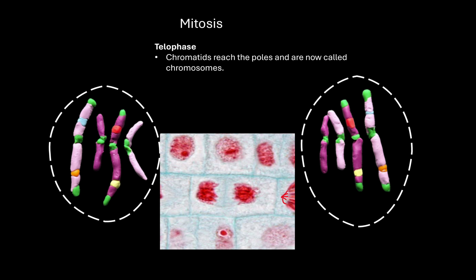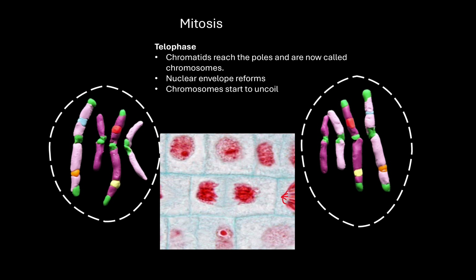And once they have fully retracted and reached the poles, we now call the chromatids chromosomes. They have reached the poles, and that means that the nuclear envelopes can reform around the chromosomes, and therefore creating our nucleus or nuclei, because we now have two in the same cell.